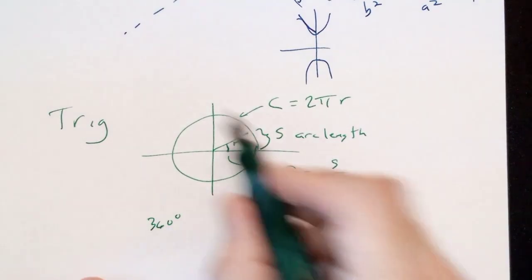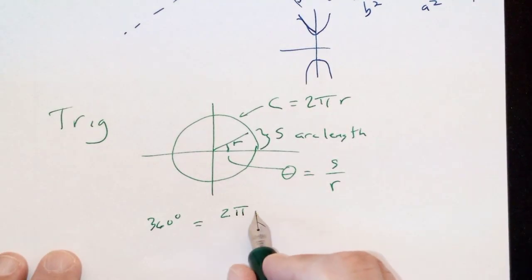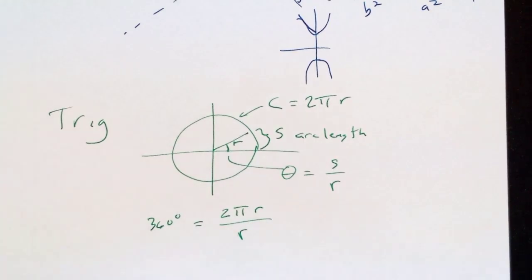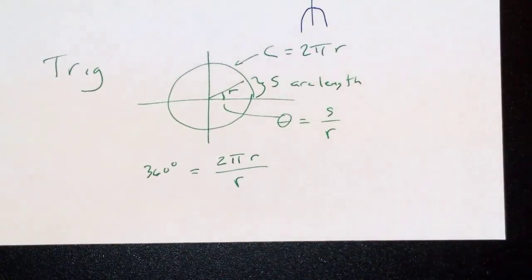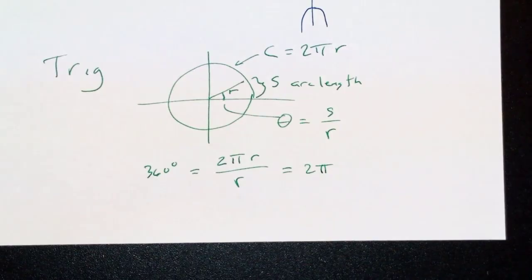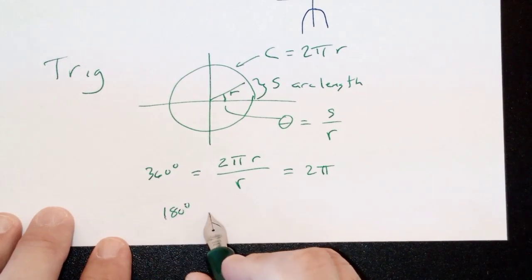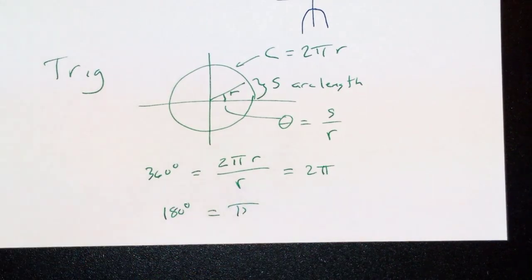If I go all the way around the circle, that's the circumference. What happens? Oh, the r's cancel. Once around the circle is 2 pi radians, or 180 degrees is 1 pi radian.